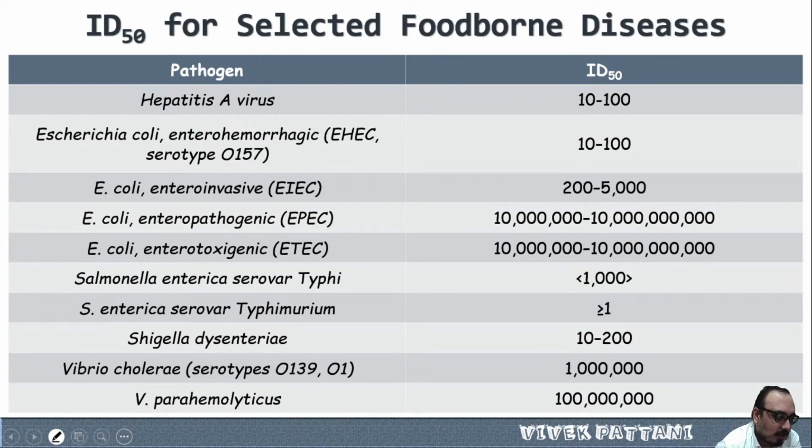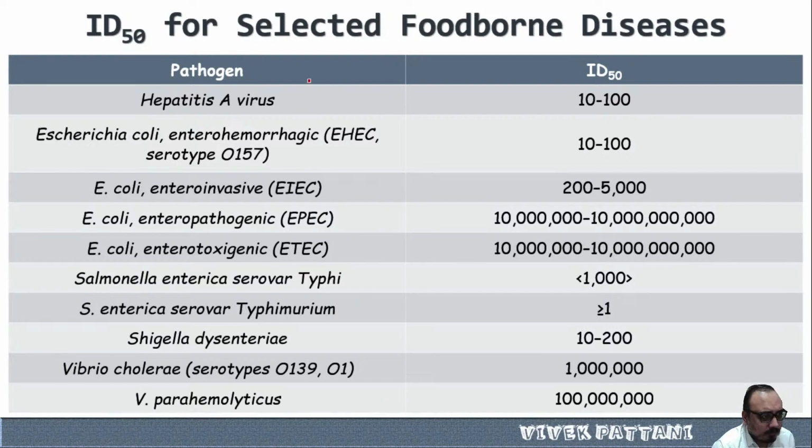For example, if you are already taking medications preventive of typhoid fever, you may not get infected. So these are the conditions which are going to decide.